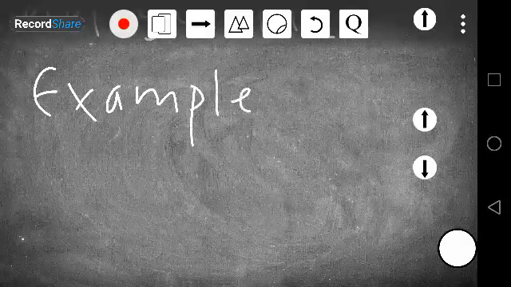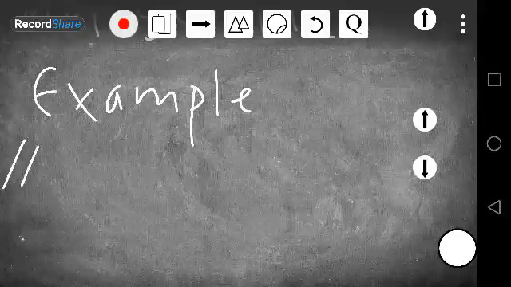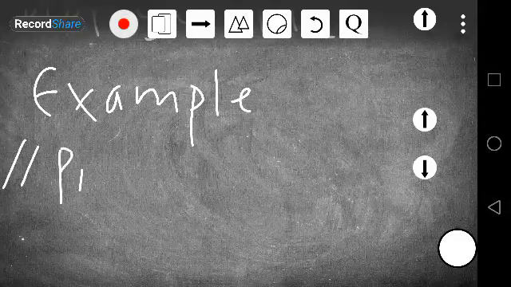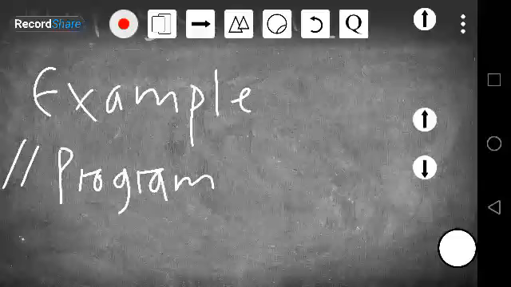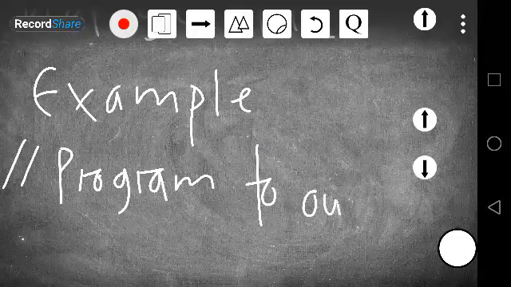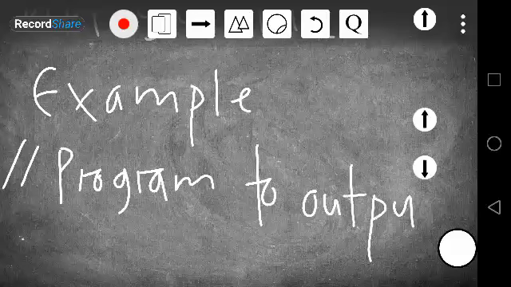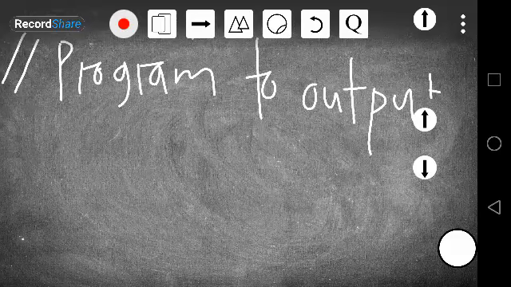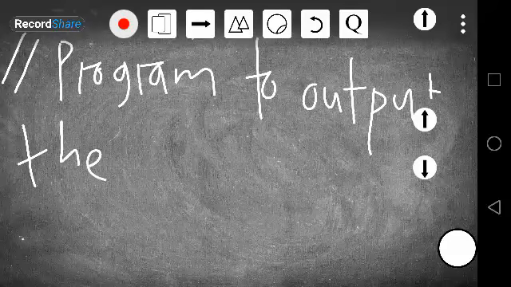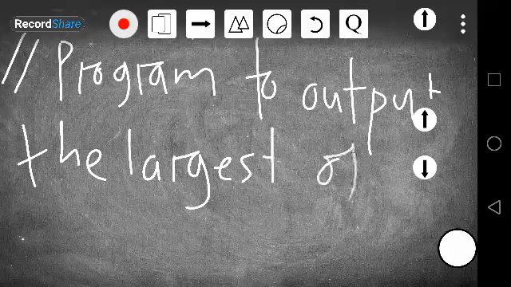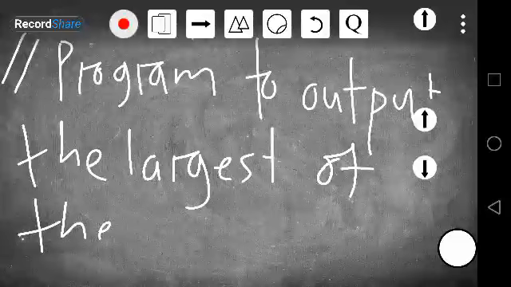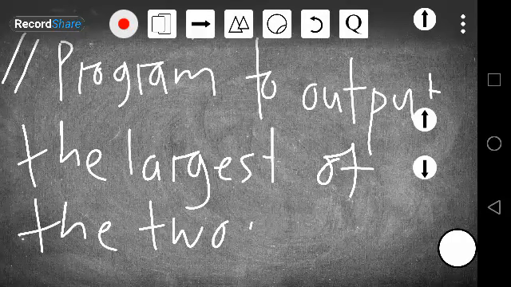We need to write a pseudocode program to output the largest of the two numbers.